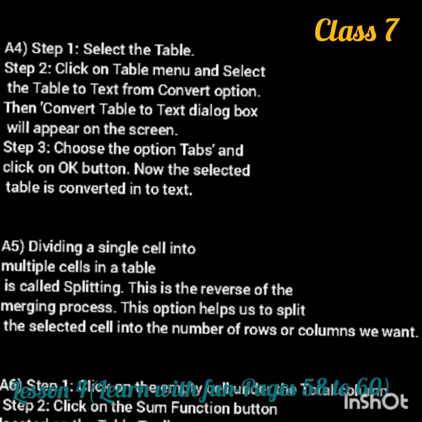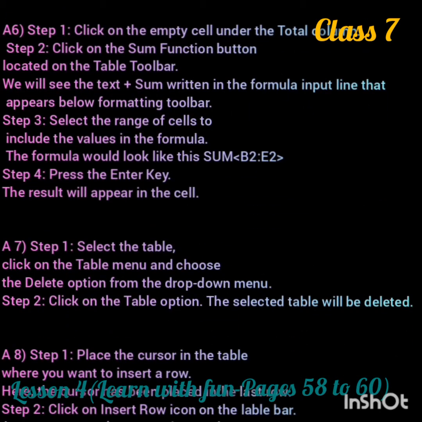Answer number 6. Step 1. Click on the empty cell under the Total column. Step 2. Click on the Sum function button located on the table toolbar. We will see the equals sign plus sum written in the formula input line that appears below the formatting toolbar. Step 3.